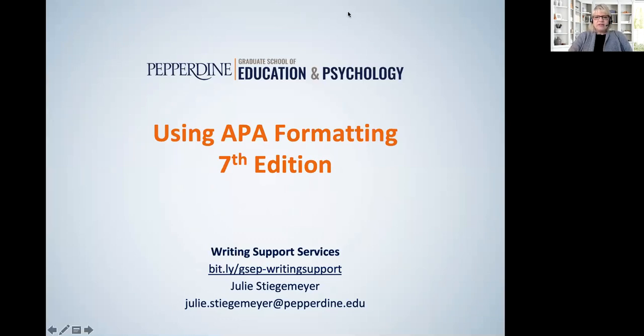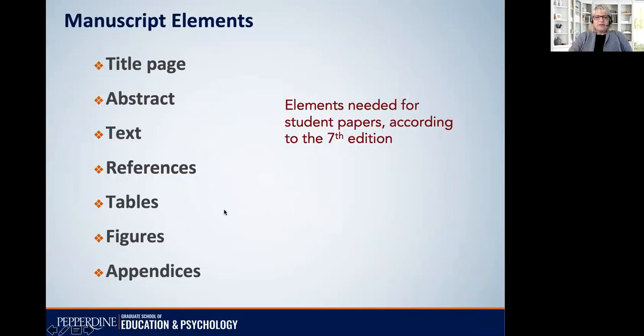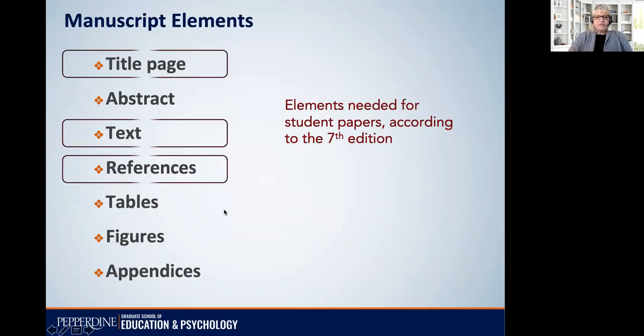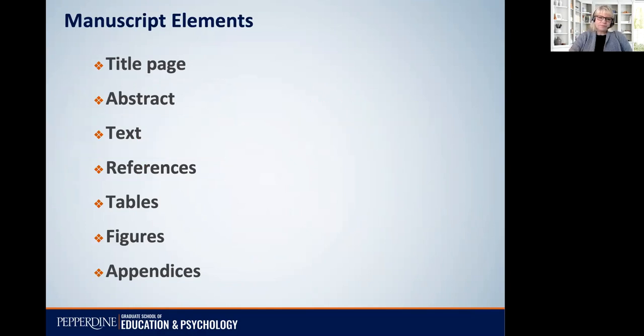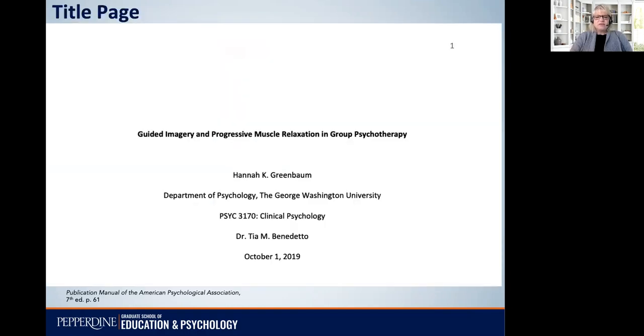Okay, so let's talk about APA. For students, you only really have to be concerned about these 3 sections: your title page, text, and references. So I'm going to go over those. We'll begin with the title page, and this is a screenshot of the top part of a sample document, which I have shared with you all via email, and I'll share with your professor once more.